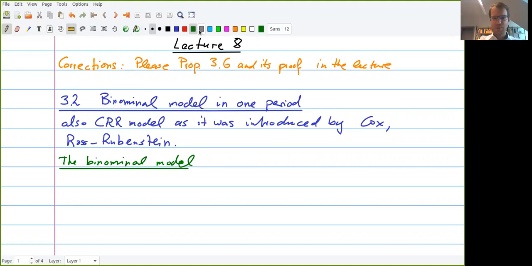So we want to use a probabilistic model. This means we want to start with the probability space (Ω, F, P).